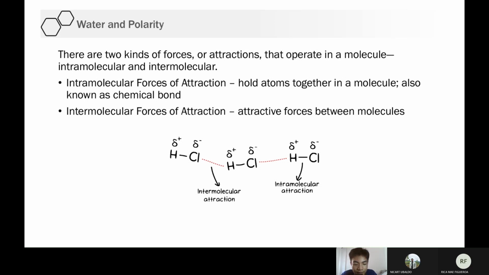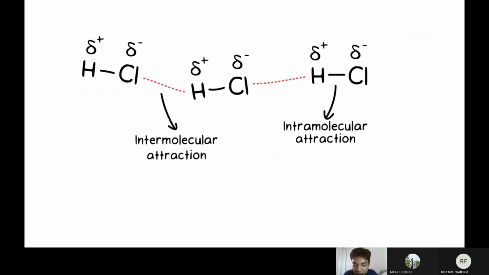Okay? The next type of the force of attraction is the intermolecular force of attraction. Pag sinabing inter, iba't ibang molecules. For example, sa illustration na to, the bond between hydrogen and chlorine is called the intramolecular attraction. Within the molecule, nag-exist ang bond na ito.